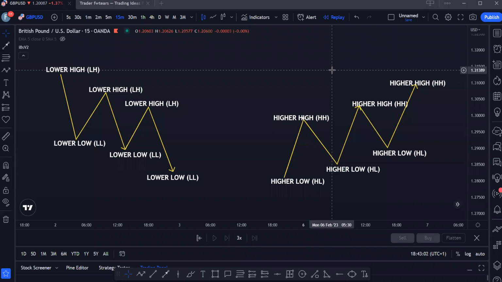So when you see that the market is in an uptrend, it is recommended, forget about selling and start looking for buy opportunities. When price is in a downtrend, it is recommended to only look for selling opportunities.